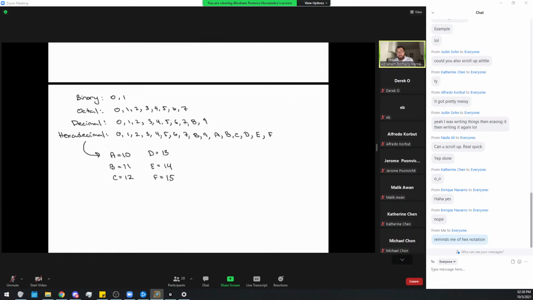Just keep in mind that A through F each have a specific integer. A is 10, B is 11, C is 12, D is 13, E is 14, and F is 15. And that's what this section's about, the conversions of bases going back and forth. Being able to change from binary to octal, octal to binary, octal to hexadecimal, and vice versa. Any questions?